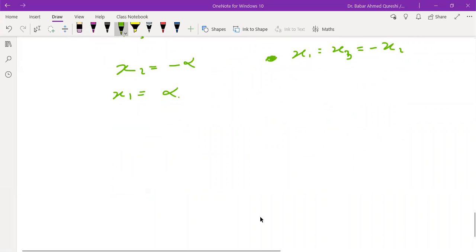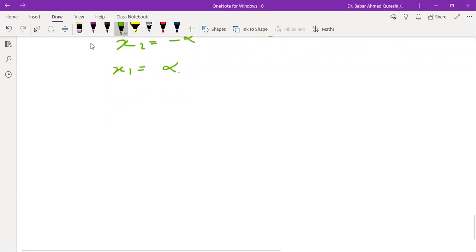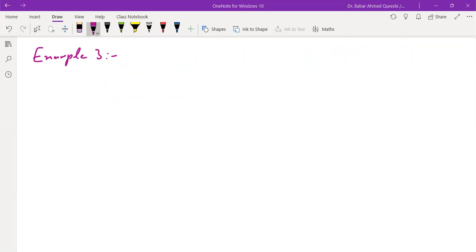Now let's look at, so I'm going to write an equation. X1 plus X2 is equal to 5.